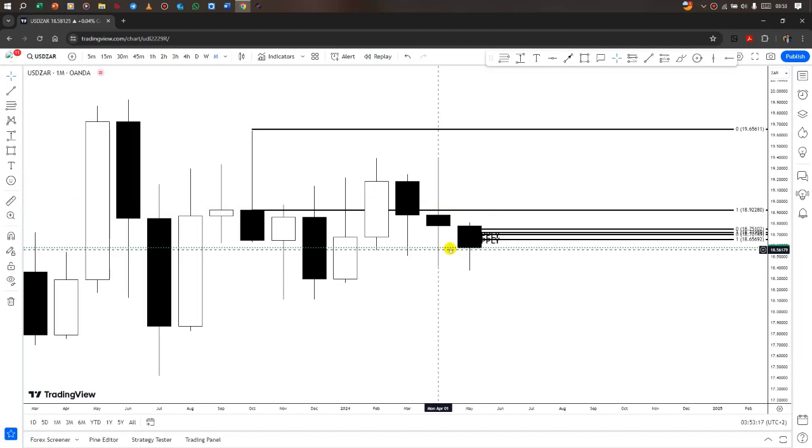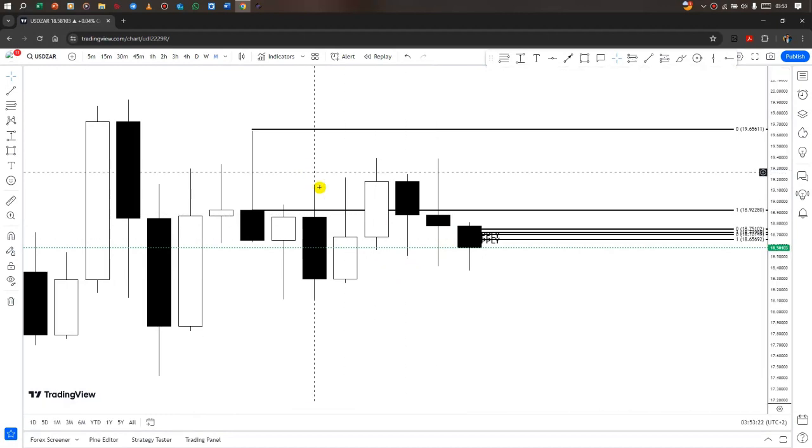We'll go to our weekly time frame so that we can check.